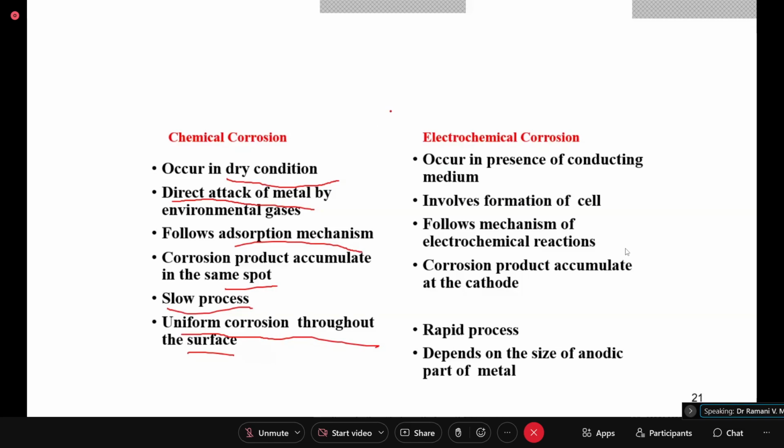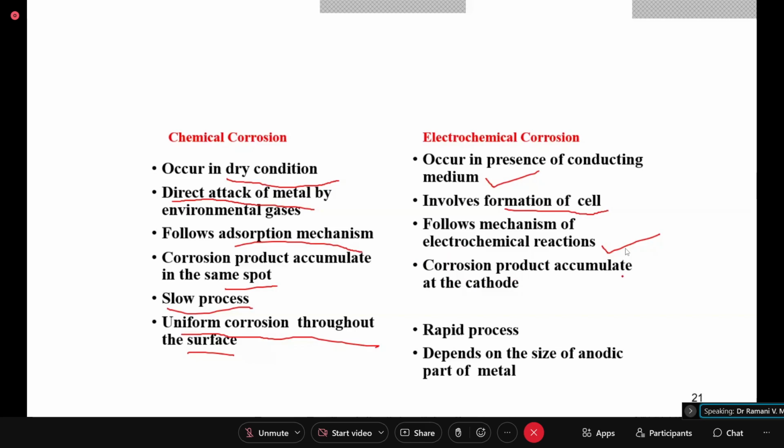But electrochemical corrosion occurs in the presence of a conducting medium, an electrolyte, and involves formation of a galvanic cell with anode and cathode areas. It follows the mechanism of electrochemical reactions: the anodic reaction leads to liberation of electrons which are passed on to the cathode region, and the electrons formed at the anode run to the cathode, and there they are used up at the cathode surface.